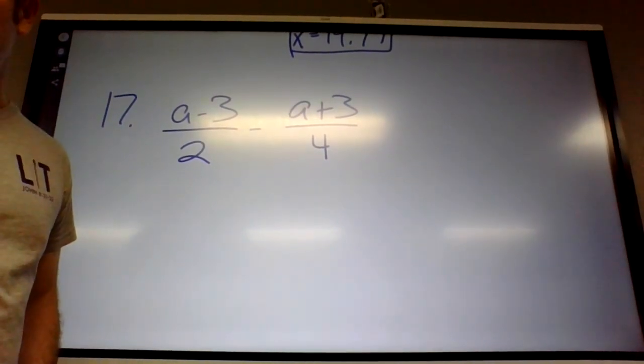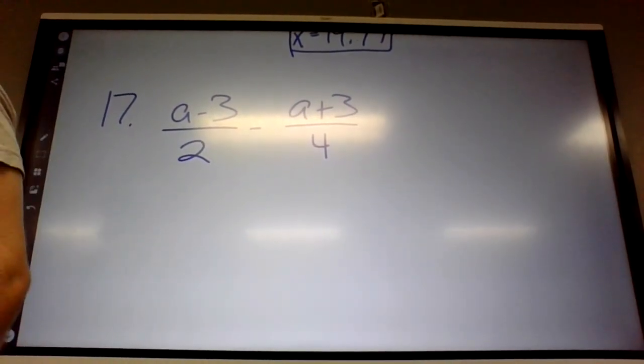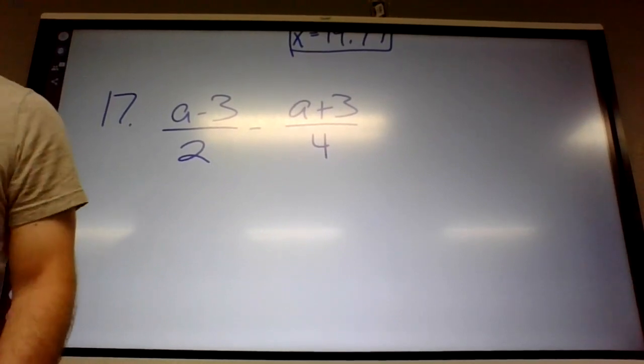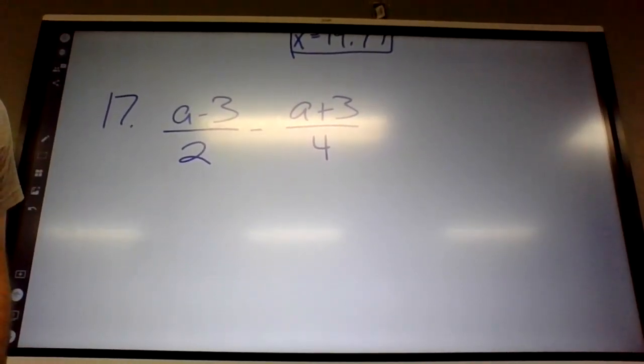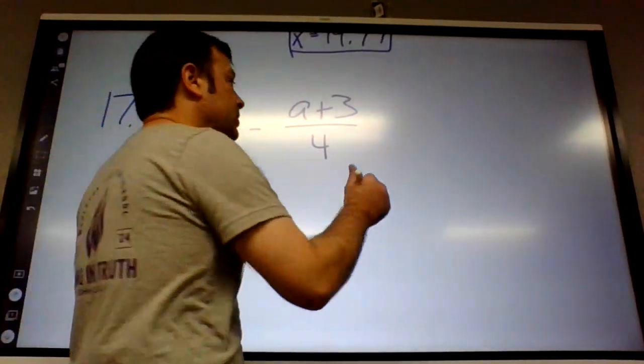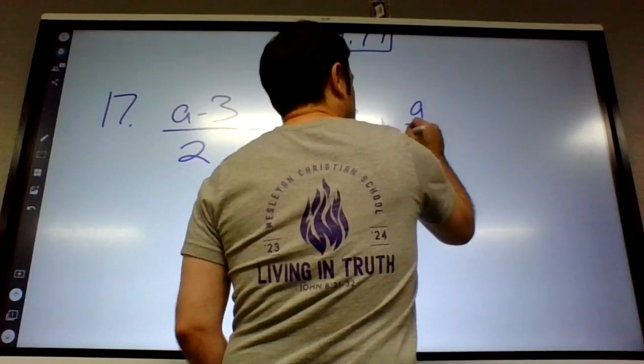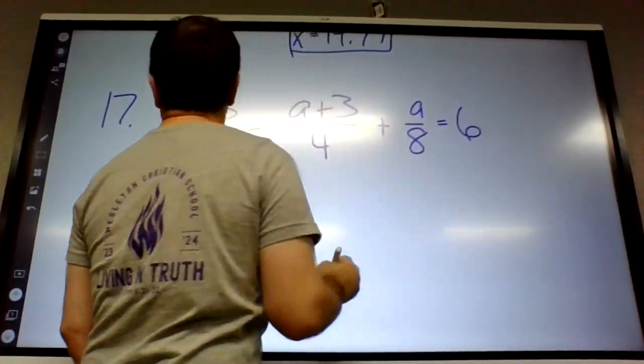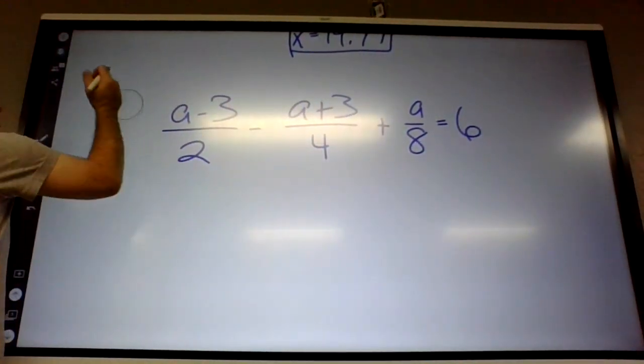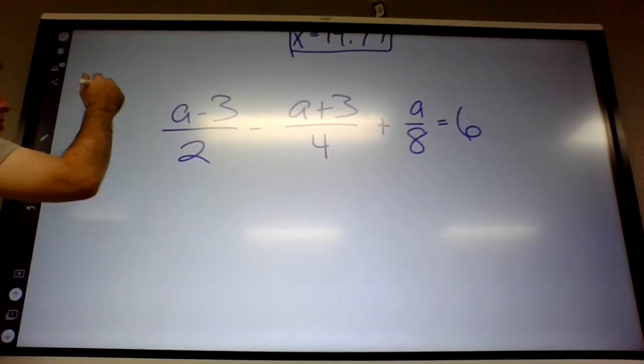Oh, did it? 17, no. Oh, you're joking. A plus 3 over 4 plus a over 8 equals 6. 21.